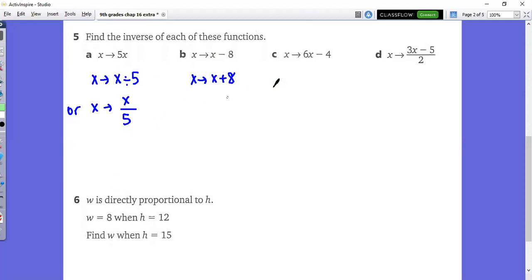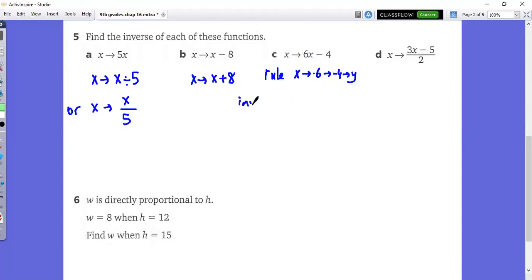That's so simple. Here, we need to analyze this mapping. X maps to 6x minus 4. Let's rewrite the rule here again. X is first multiplied by 6, then subtracted by 4, so y is generated.